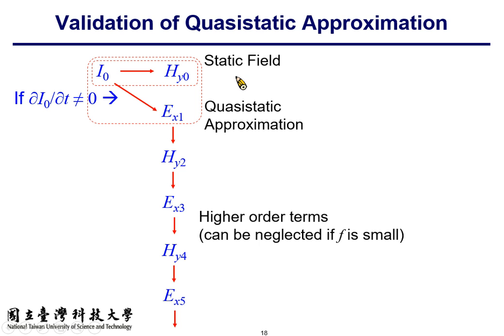For example, the direct product of current is magnetic field, as the Hy sub-zero shown in this plot.